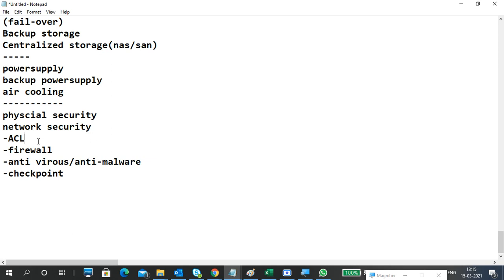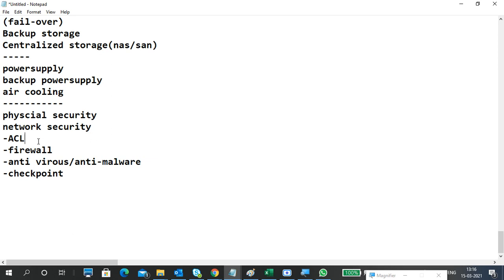User level security means which user is able to access, or which system, which IP address is able to access it. Next, firewalls through the network. What kind of network? Inbound and outbound both, and both IP address and protocol wise. Next, virus and antivirus kind of stuff is required, because there is a possibility of viruses and malware.